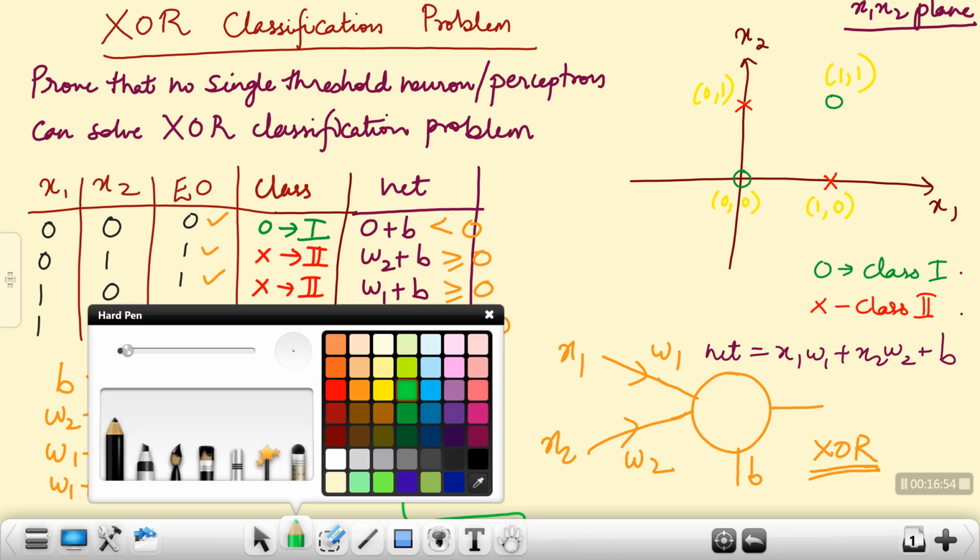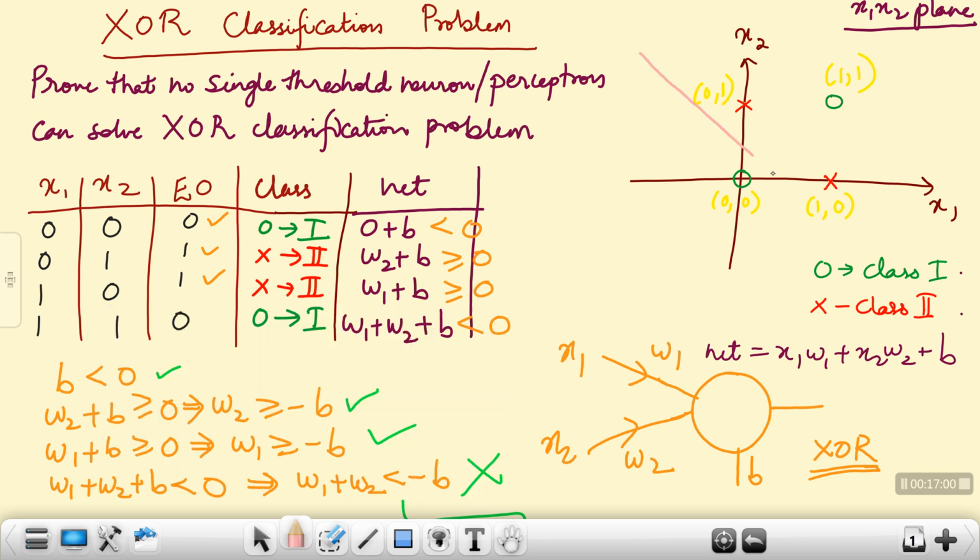If I draw this particular line, I will use a different color, somewhere here, and this particular value is say 0, 0.5, and this value here will be 0.5, 0.